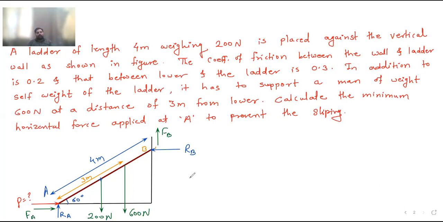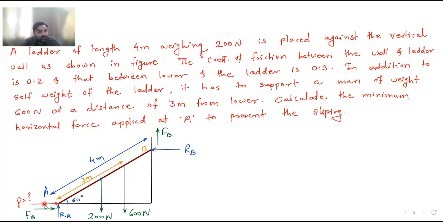Now we need to calculate the value of that P. Here you can use summation Fx equal to 0, summation Fy equal to 0, and moment at any point equal to 0 to solve the numerical. Now if you observe carefully in this problem, how many unknowns are there? If you look at it first, then 1, 2, 3, 4, 5, you will think that there are 5 unknowns.